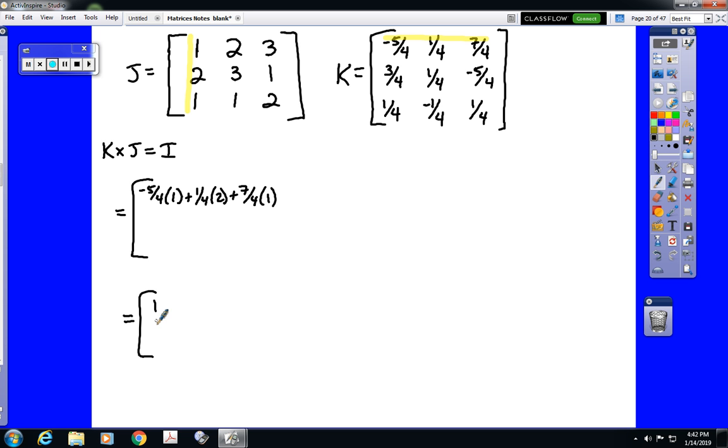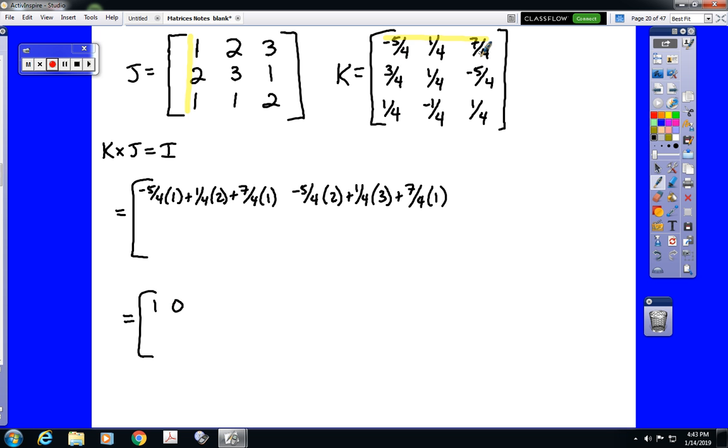So we continue. Row 1 times column 2. That would be -5/4 times 2 plus 1/4 times 3 plus 7/4 times 1. That has to equal 0. That's -10/4 plus 3/4 plus 7/4. That is absolutely equal to 0.